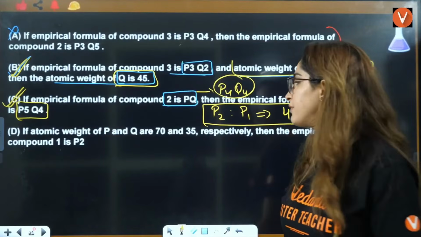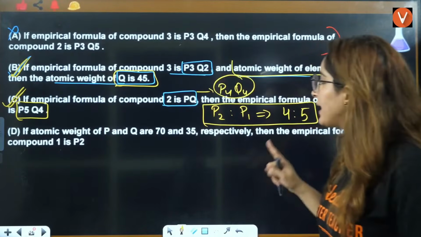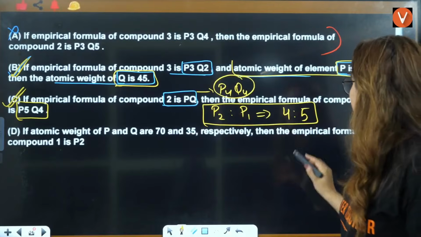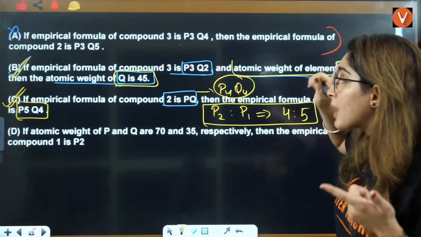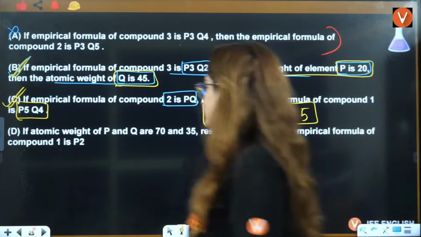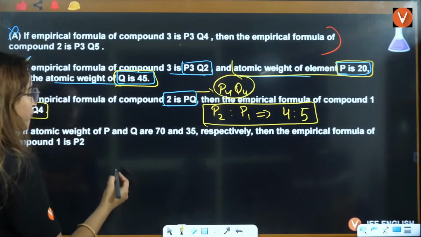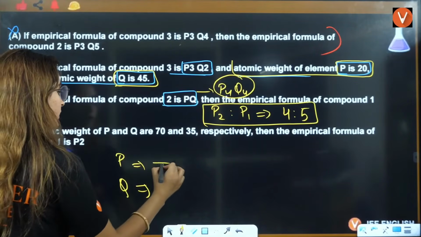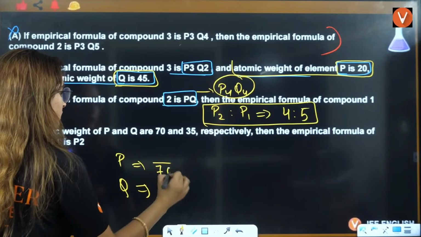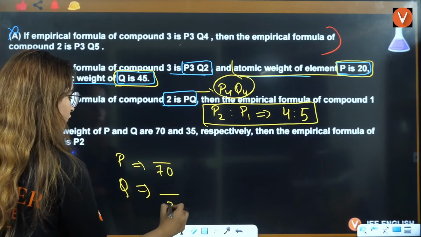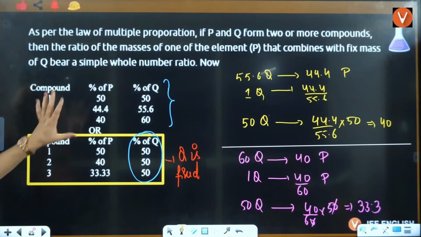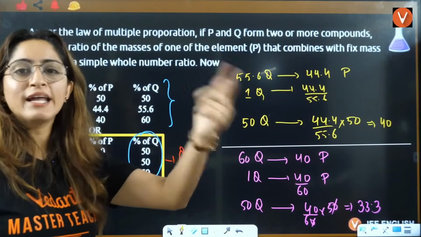The fourth statement is, if the atomic weights of P and Q are 70 and 35 respectively, the same thing that we did in B, then the empirical formula of compound 1 is P2Q.